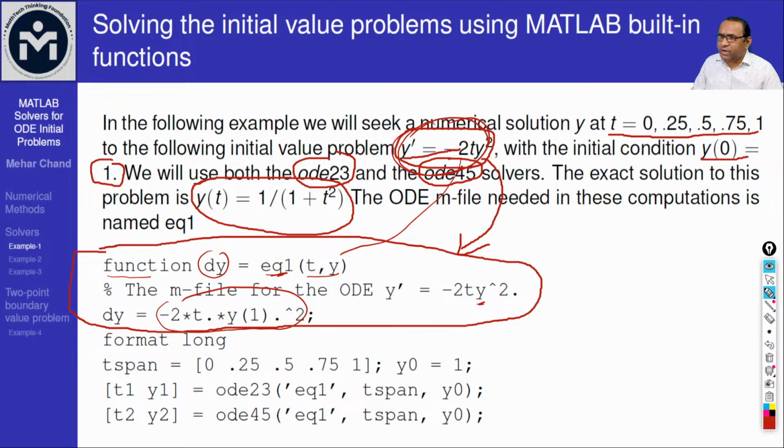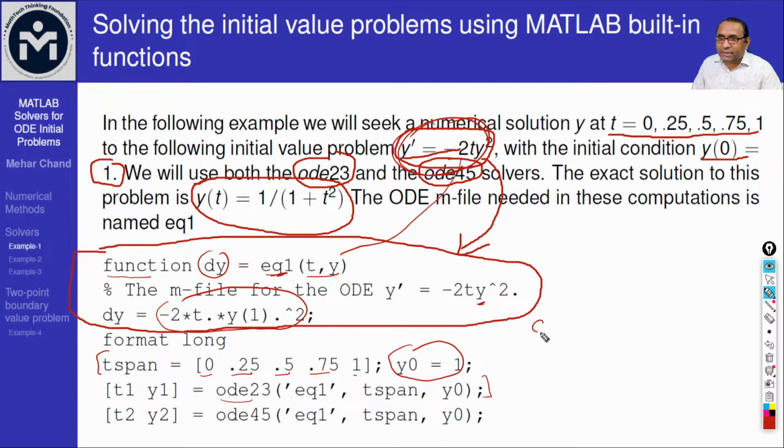Now we want to compute this equation with both the methods. So t1, y1 is the value of t and the first solution by using ODE23. See this statement very carefully.